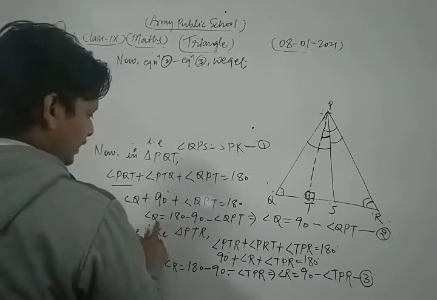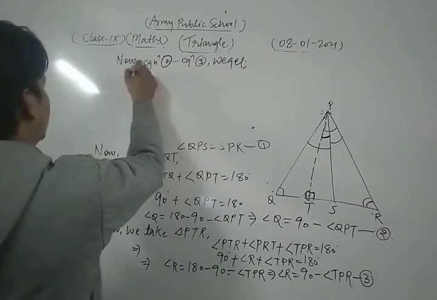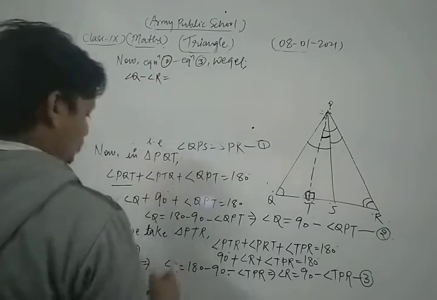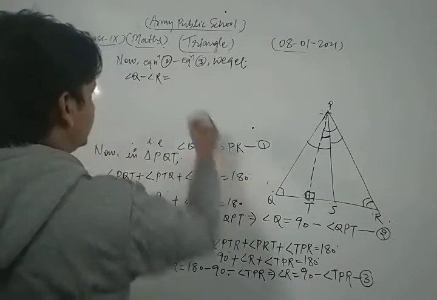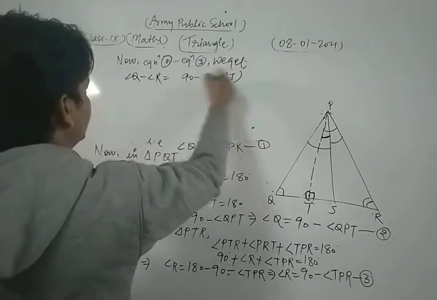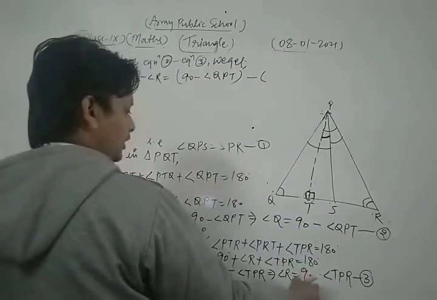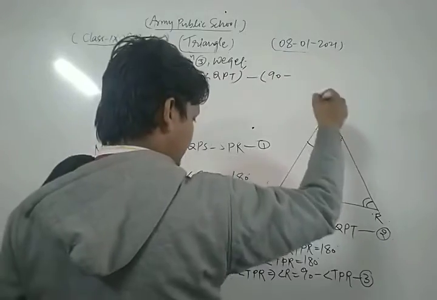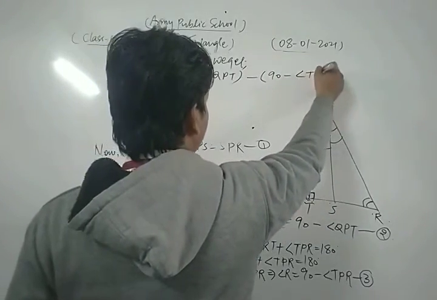This is angle Q minus angle R is equal to, angle Q is 90 minus angle QPT, minus angle R, which is 90 minus angle TPR.